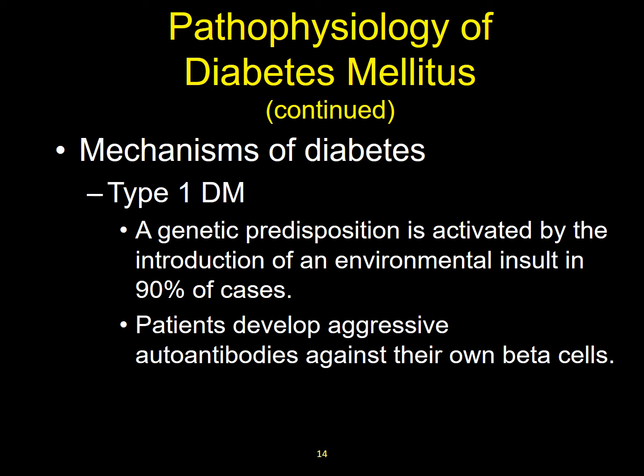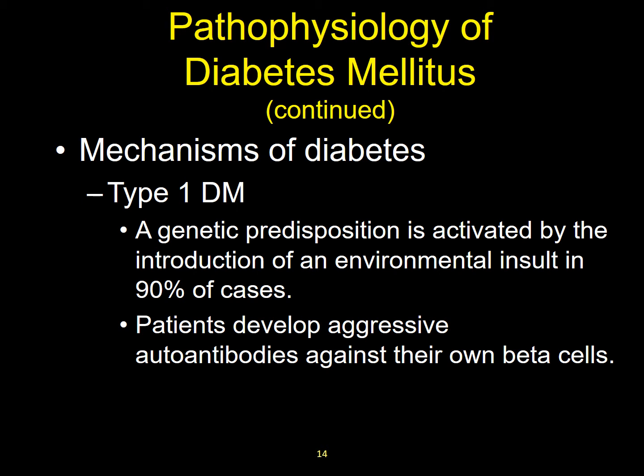But what I do know to an absolute certainty is that most people with type 1 diabetes are born with this genetic predisposition. And it may be clearly evident in the family history. There may be family history of type 1, or there may not. But they're born with a genetic predisposition, and then that predisposition is activated by something from the environment. What it is, we don't know.